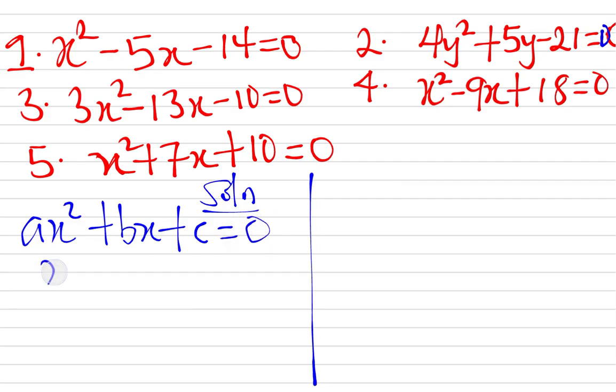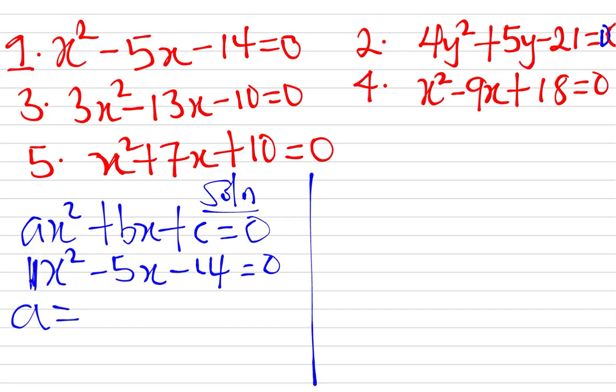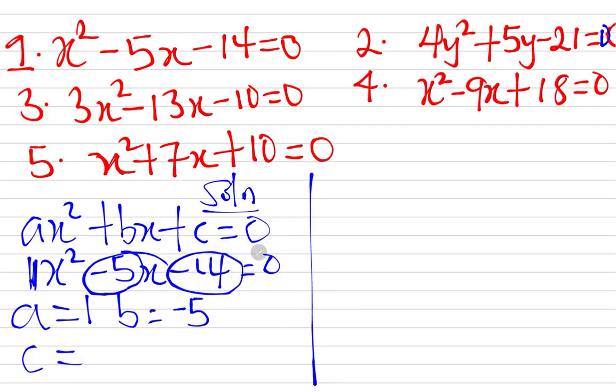So if I have a question like x squared minus 5x minus 14 equals 0, that means my a here is 1. There is an invisible 1 here. So a is 1. Then our b is minus 5. This is our b here. Then our c is minus 14.